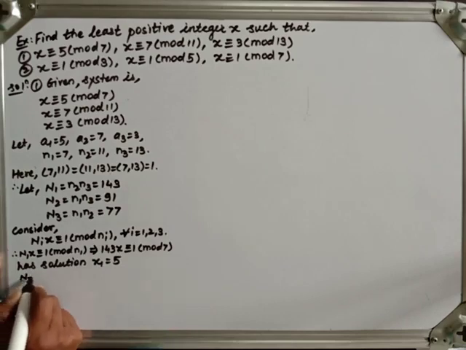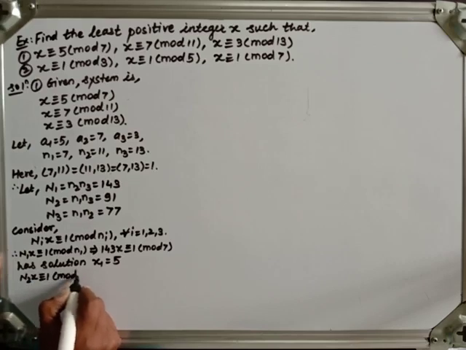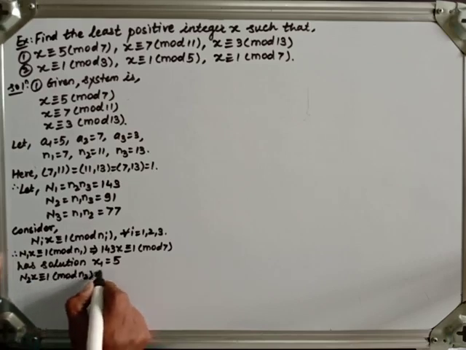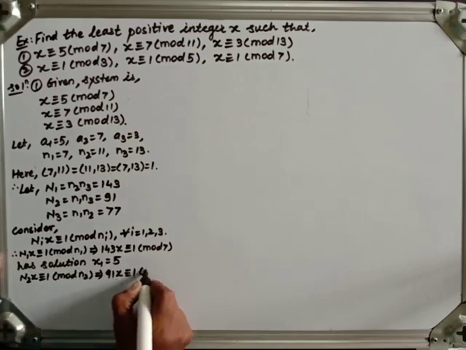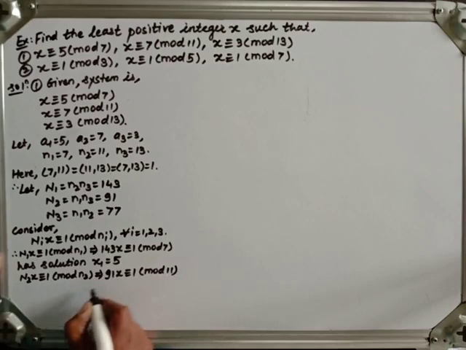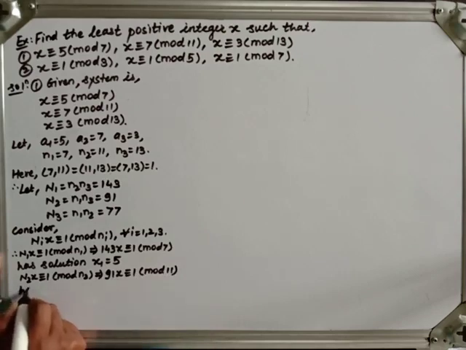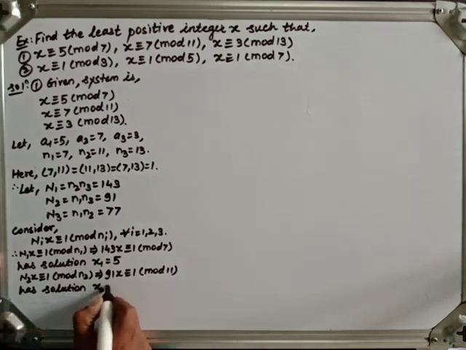Again N2 x congruent to 1 modulo n2, that is 91x congruent to 1 modulo 11, has solution x2 as 4. Fine.